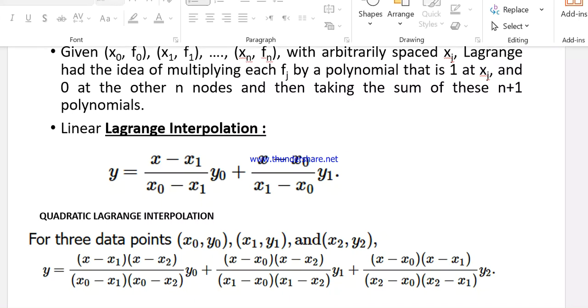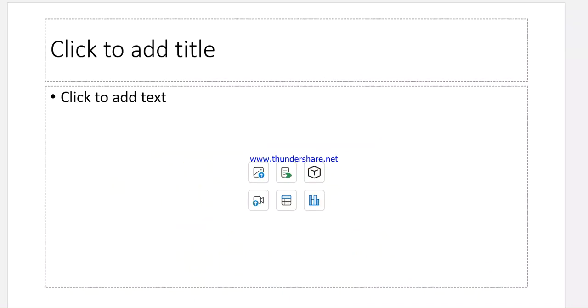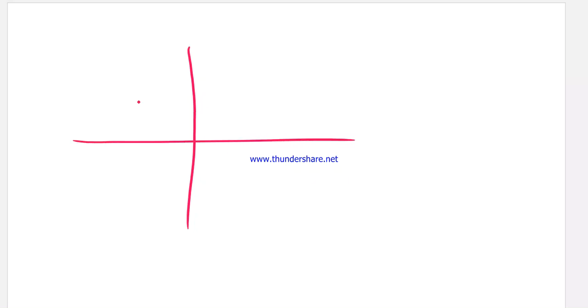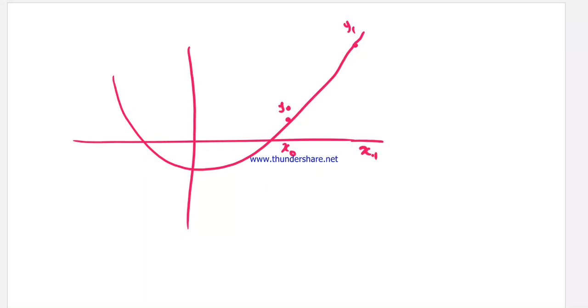When we have a quadratic type or a curve that is non-linear type, simple. In non-linear type, when we have a curve like this, and we have y naught here corresponding to x naught, we have y1 here corresponding to x1.